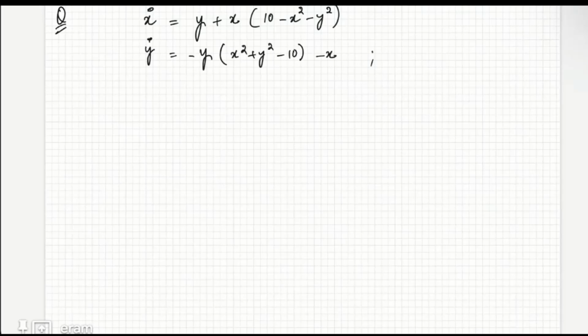For this system we have to show that the system has a limit cycle, and we also have to identify the domain where the limit cycle will exist. So we have to check whether there will be a limit cycle or not, and if it exists, in what domain it will exist.